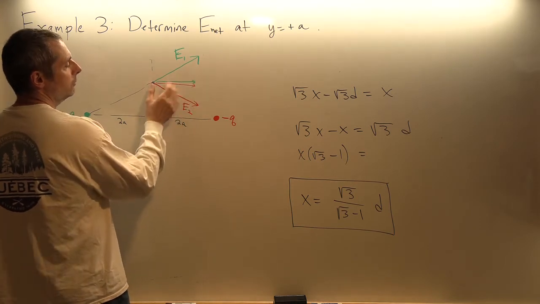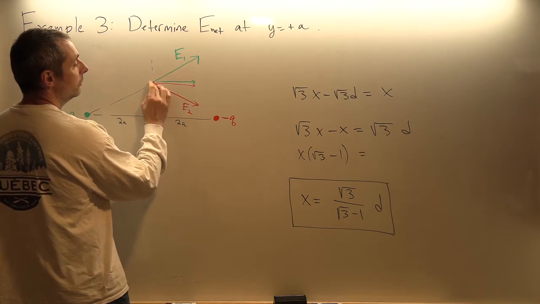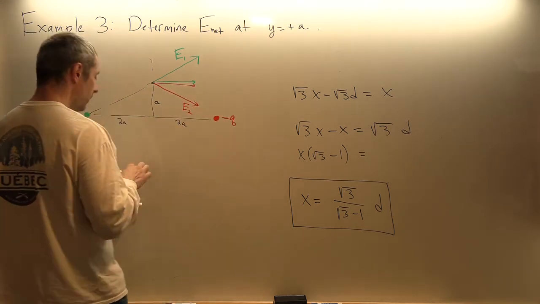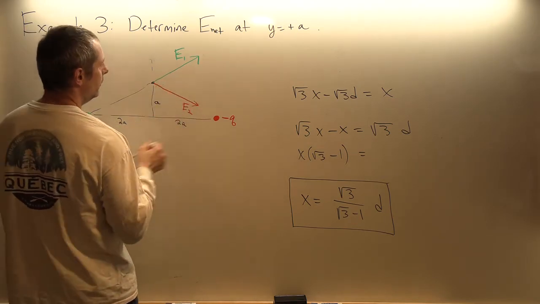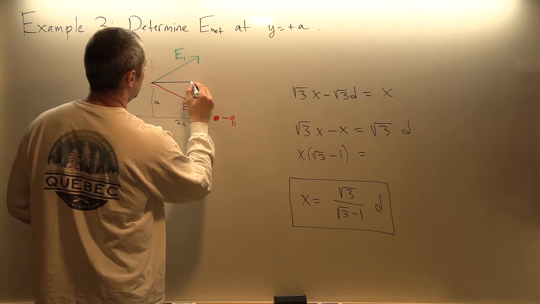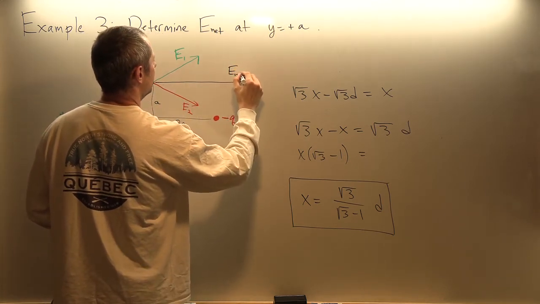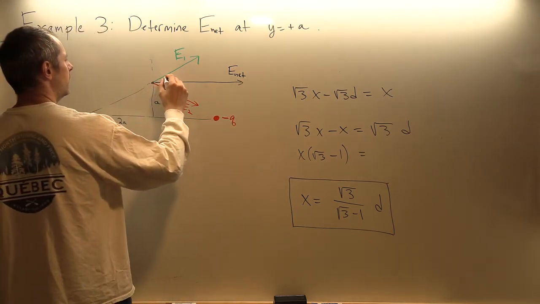So let's say this is 3 and the other one's 3, so the total electric field would be 6 like this. So I'll sketch that in, the net electric field, like that, E net. And I'll put a theta over here as well.